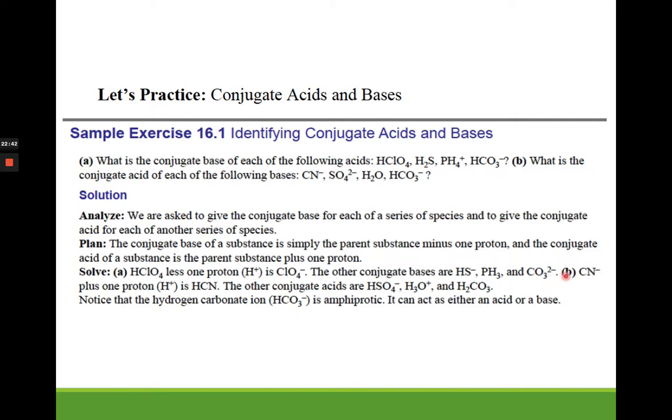Now, in terms of the conjugate acids and bases, we are already done with CN minus. So SO4 2 minus, this is a base. Its conjugate acid is HSO4 minus. Okay, so that's one more hydrogen to the structure.